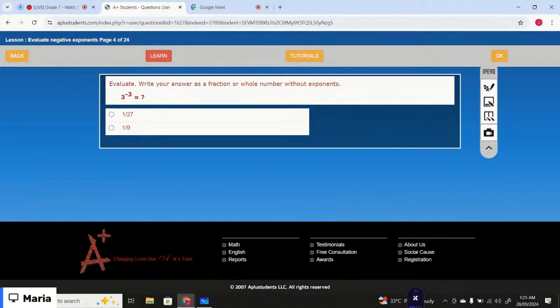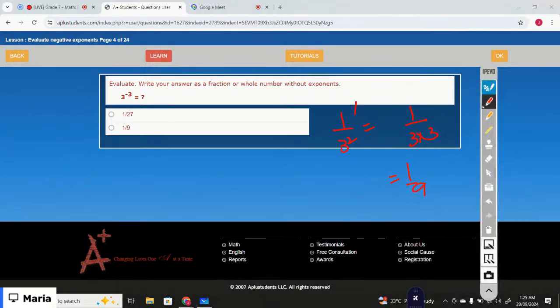So which is the correct option? So you have to write it as a positive fraction, that is 1 over 3 exponent 3, right?